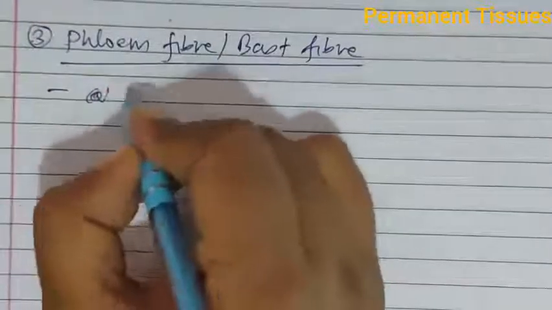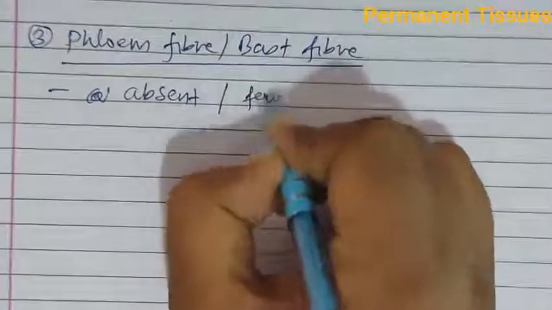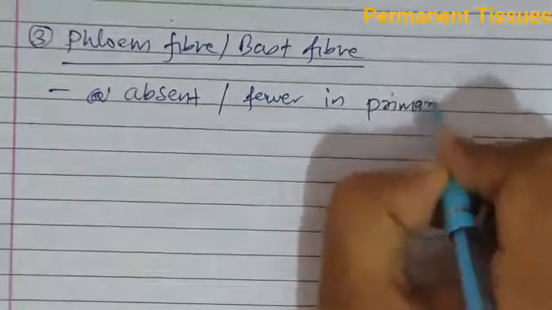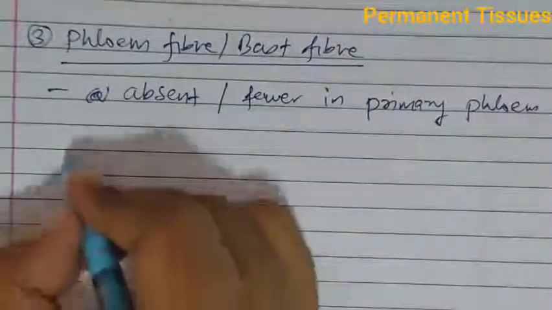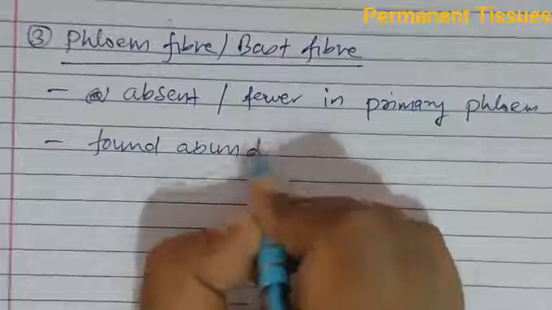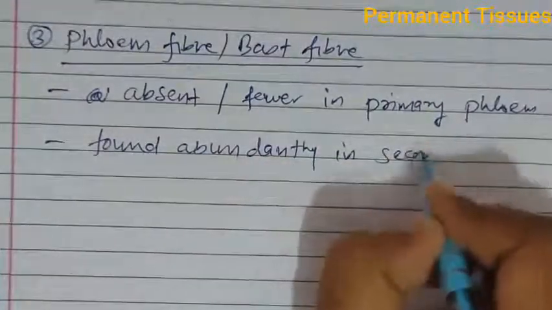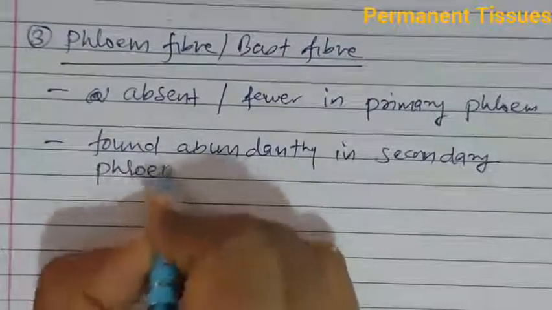They are nothing but sclerenchymatous fibers, but they are absent or fewer in primary phloem and found abundantly in secondary phloem.